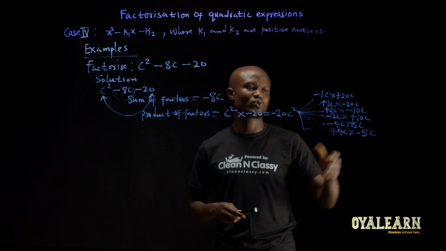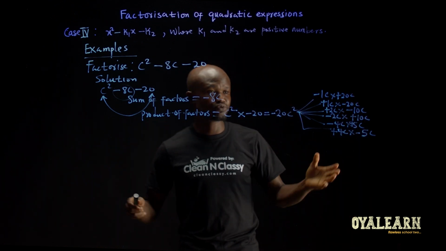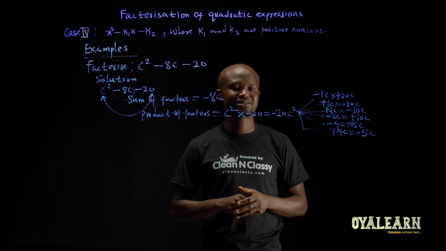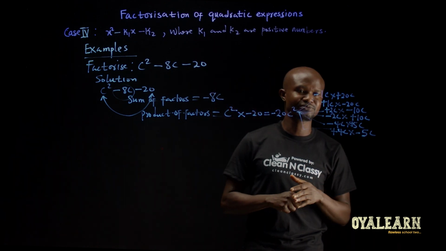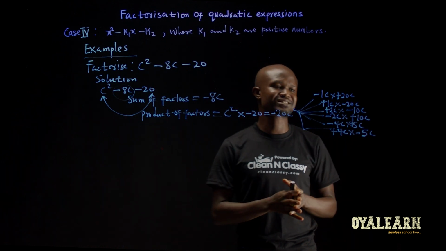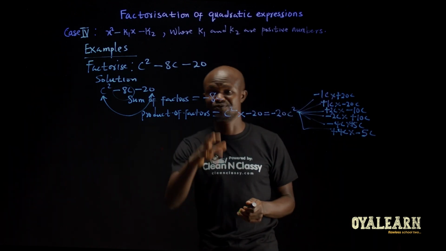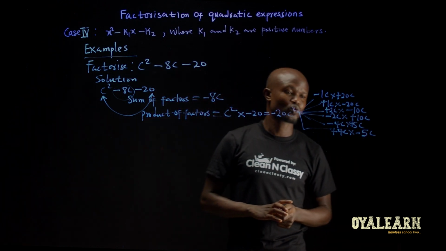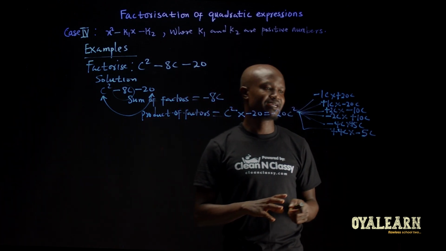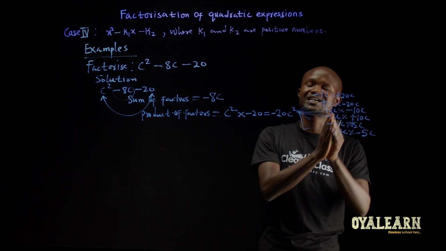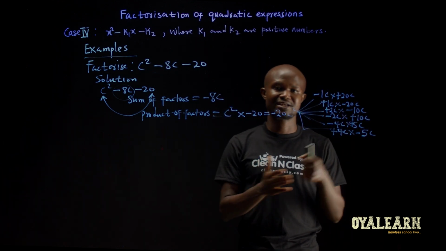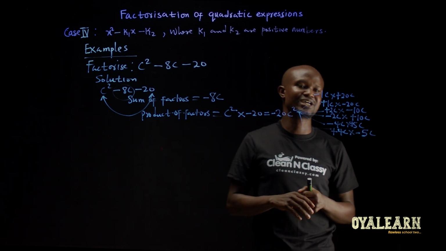So you can see we have the possible set of values that we can use to break what we have here. Now, how do we know the particular set of values that is valid for this quadratic expression? The set of values that will satisfy the sum condition will be the set of values that we are looking for.